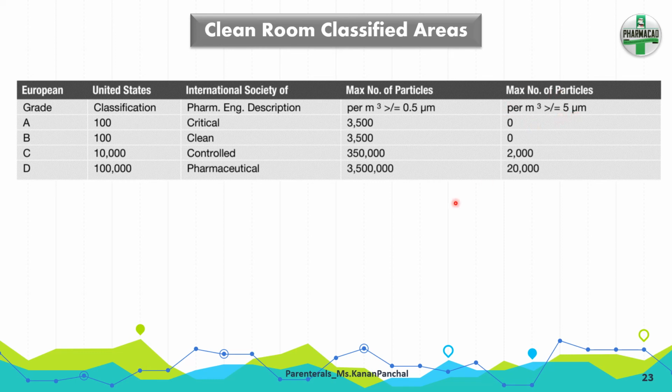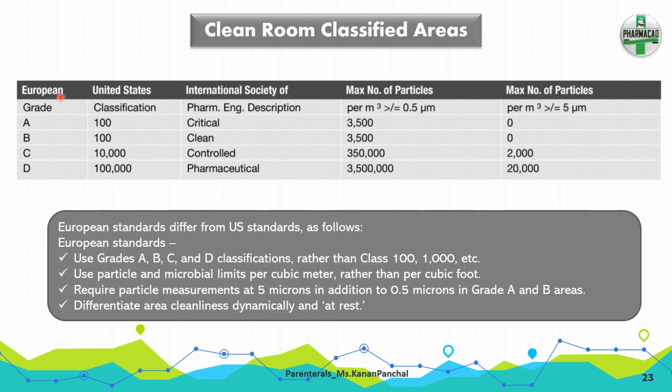Now the critical areas of processing, wherein the product or the contact surface of the product is exposed to the environment even for a little period, must meet class 100 specification. Now there are certain differences between the European standards and the US standards.